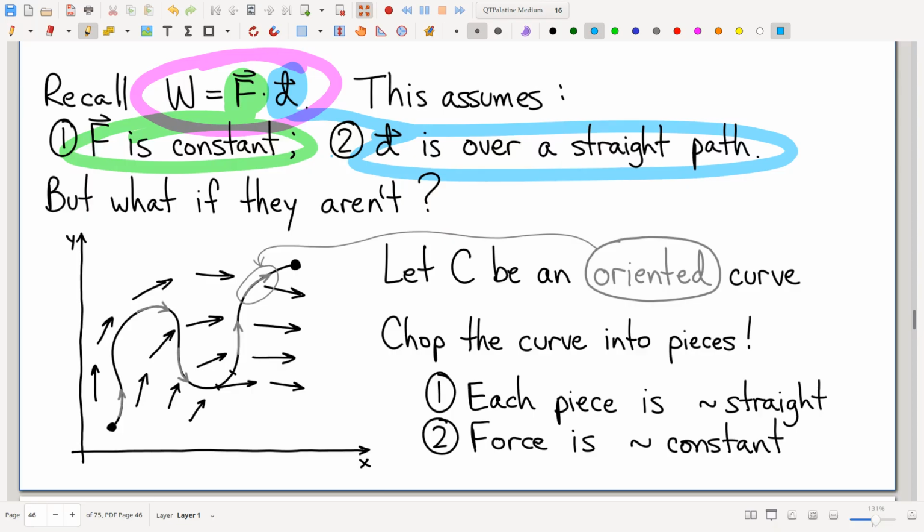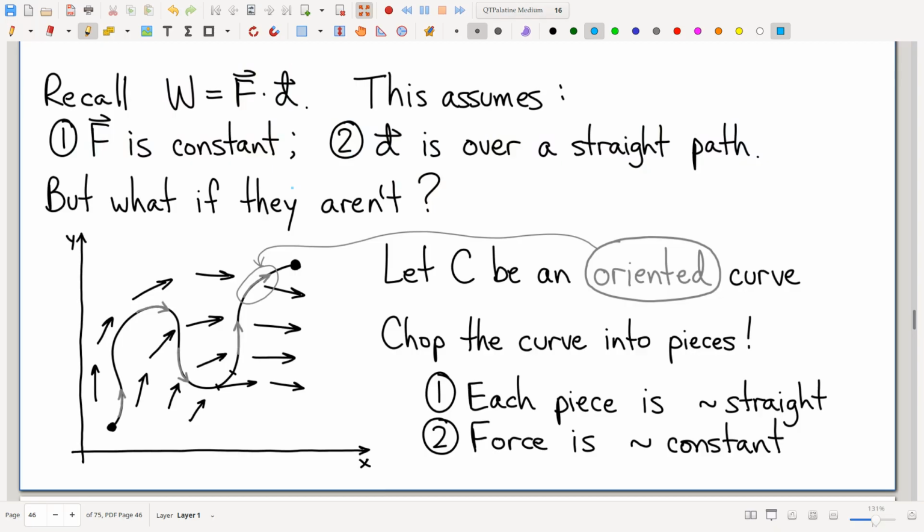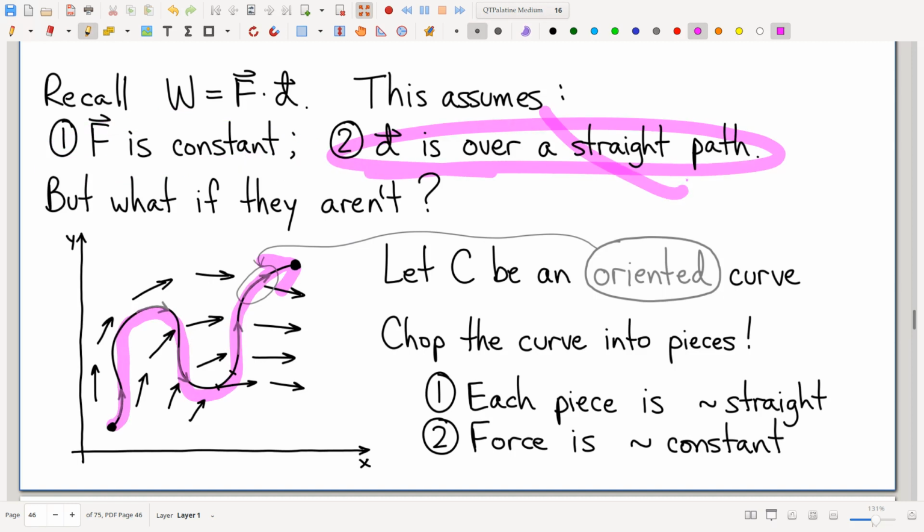All right. So here's what we're going to deal with. Suppose we have a path that is not straight. And suppose we have a force that is not constant.